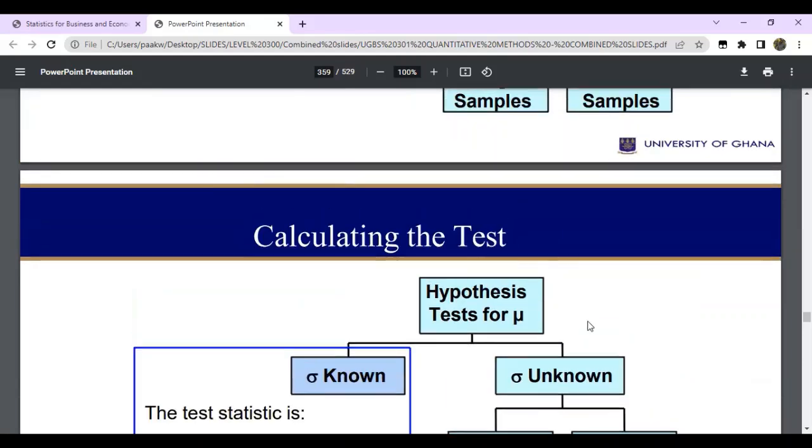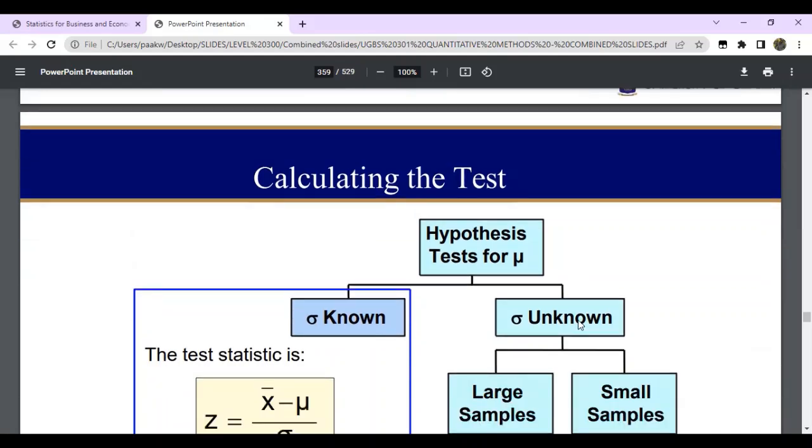Now let's look at the formula to use when you are testing that hypothesis. How are you going to know that with this particular question you will use the Z statistic, or the Z formula, or the T statistic, or T table?